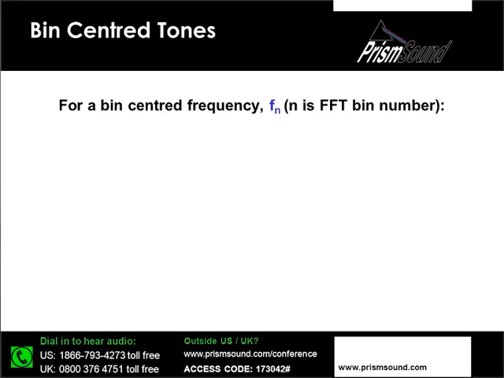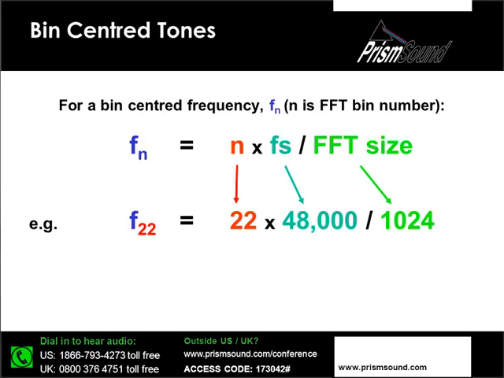So what is a bin-centered tone then? How do we calculate one? Well, in the general case, we'll call our bin-centered frequency f subscript n, where n is simply the integer number of the FFT bin. In order to calculate the 1031.25 Hertz, what I did was say, well, I want to generate a tone at the 22nd FFT bin.